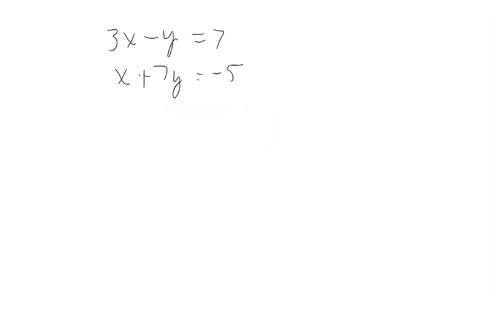I'm going to use the substitution method. I'm going to subtract 7y from both sides, so I get x equals negative 7y minus 5. Okay, and now I substitute that into the other equation.